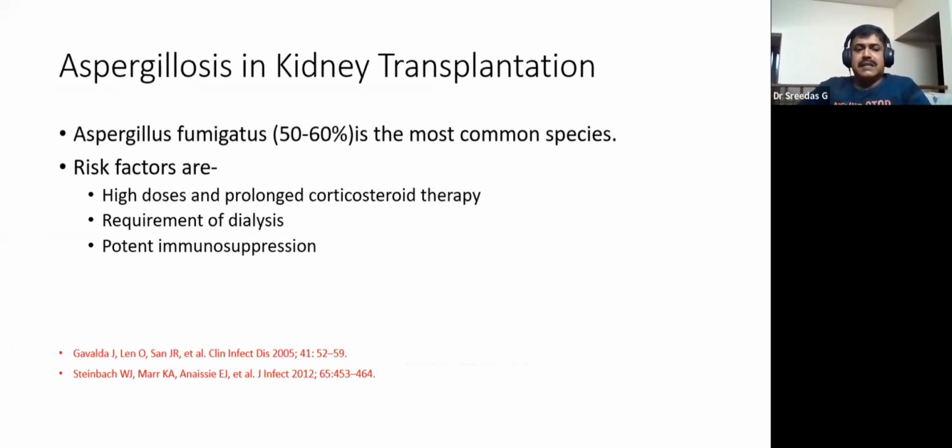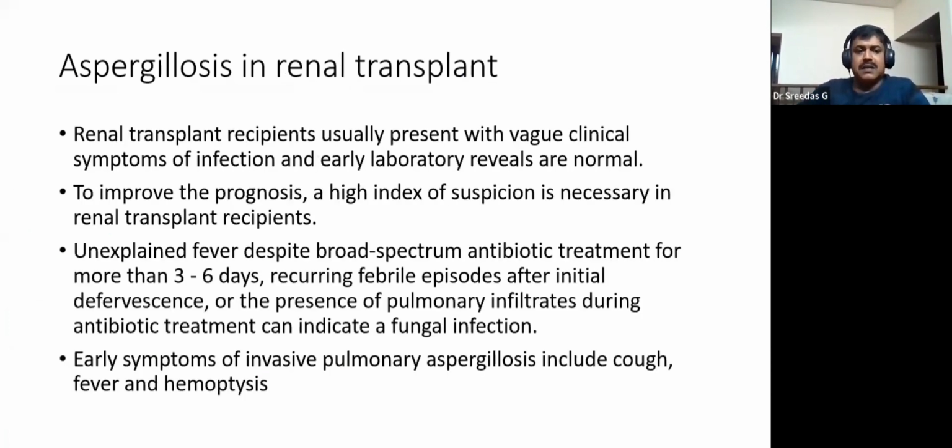Now, as far as kidney transplantation is concerned, Aspergillus fumigatus is the most common species causing invasive aspergillosis, and the risk factors are high-dose and prolonged corticosteroids, requirement of dialysis, and total immunosuppression, especially anti-rejection therapy. Renal transplant recipients usually present with vague clinical symptoms of infection, and early laboratory findings are normal, as in the index case.